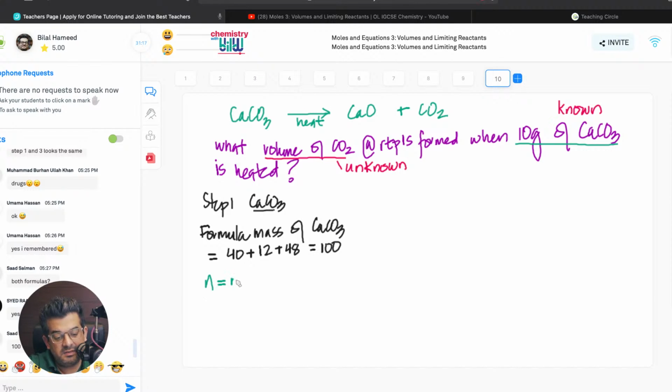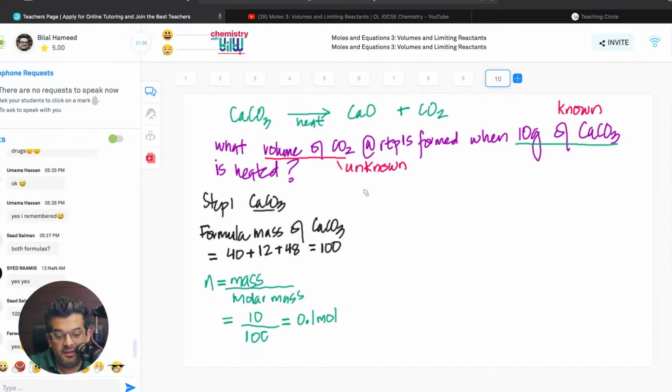Number of moles is mass over molar mass. Are you now bored and tired of the formula? 10 over 100, which should give you 0.1 moles. Now that is the moles of what? Calcium carbonate. Well, as long as you are bored and not confused, I'll take a bored chemistry over confused chemistry.